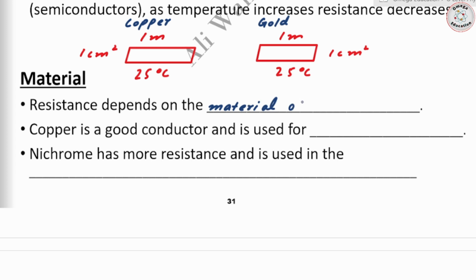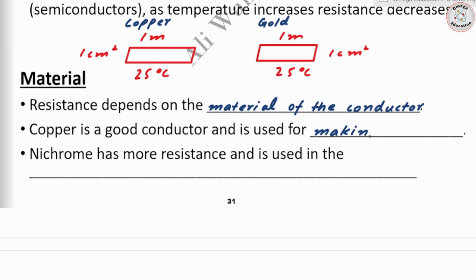Material of the wire or the conductor or the substance. Copper is a good conductor and is used for making wires. Now, resistance itself is not a good or a bad thing.